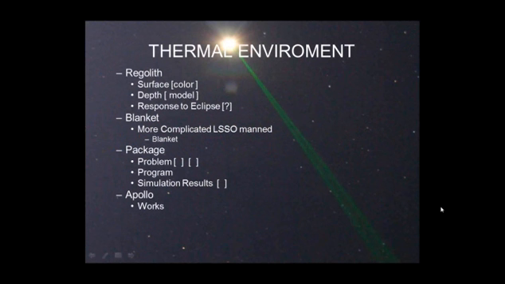So the areas I'll be addressing are the regolith. We are particularly interested in the surface temperature because that radiates to the package. In addition, there's a depth issue having to do with our anchored deployment and the response during an eclipse.